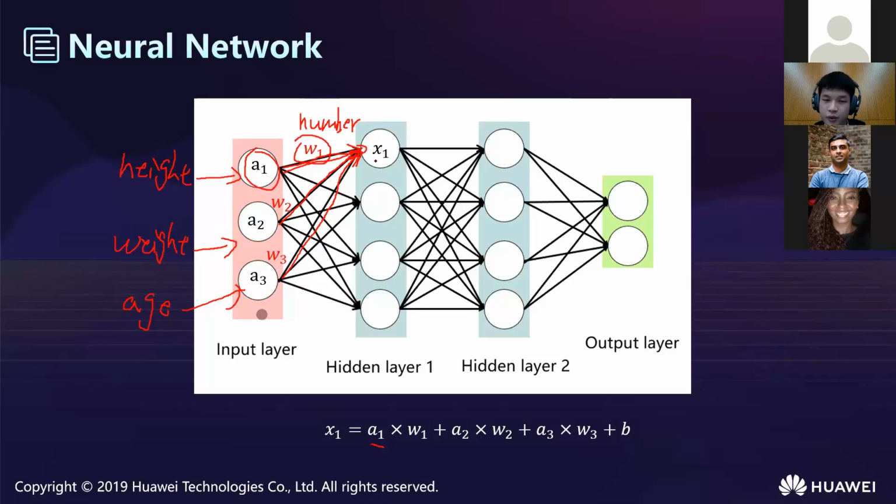So we also need to add a bias. Here, the bias, of course, is another value. Okay, so can you understand it?